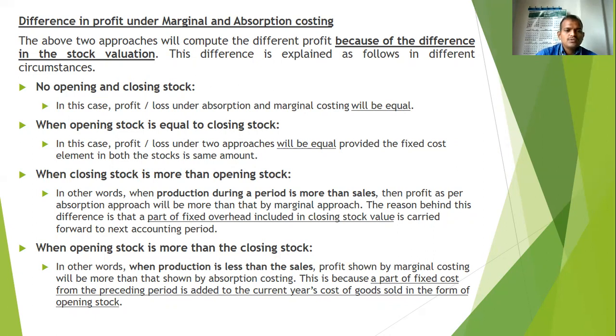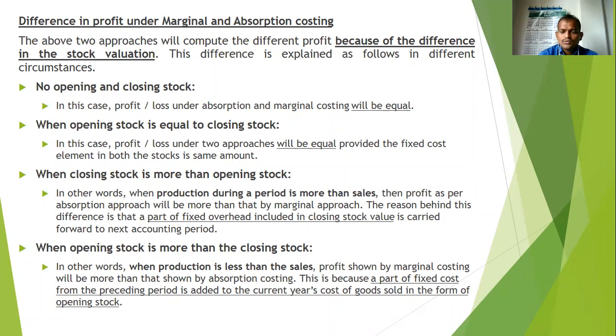Next one, when closing stock is more than the opening stock. See, it is all about the valuation of inventories. In other words, when production during a period is more than sales. So production is more than sales, and in such a case, we have more closing stock. In absorption costing, the valuation of closing stock involves fixed cost.